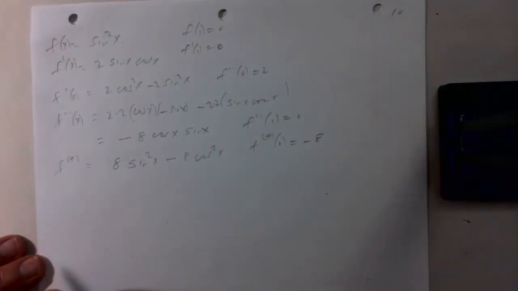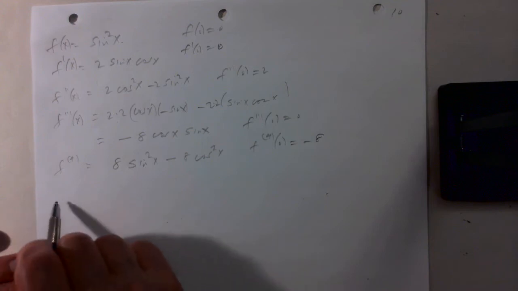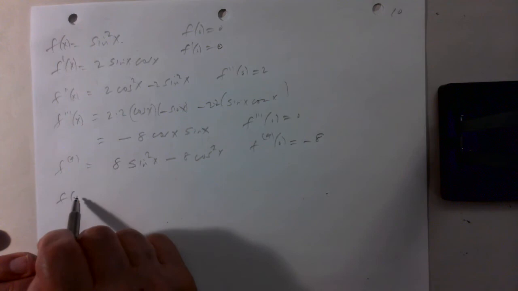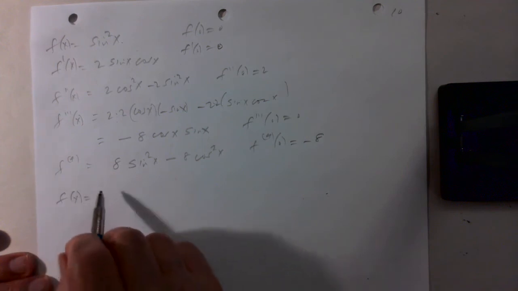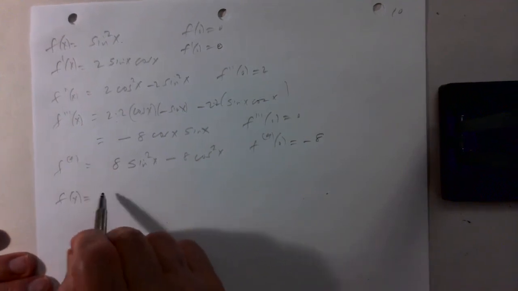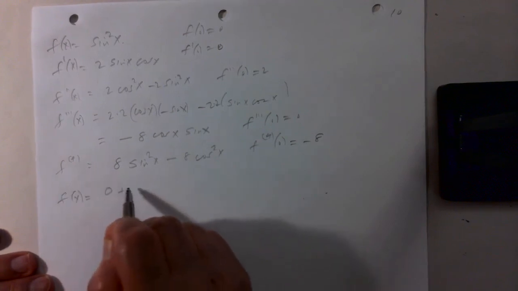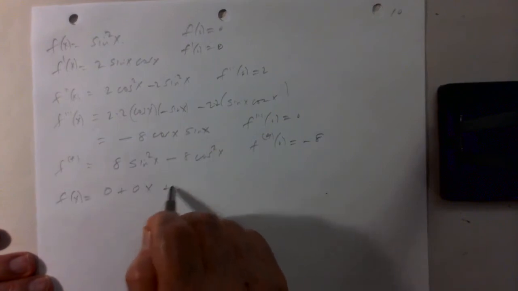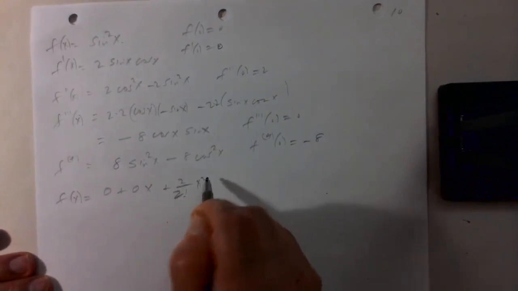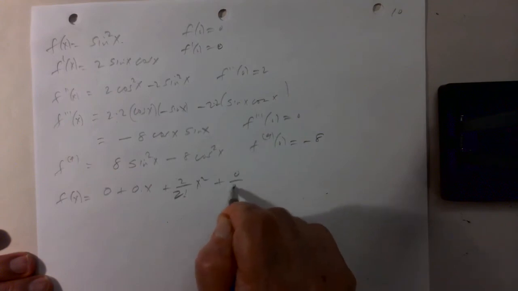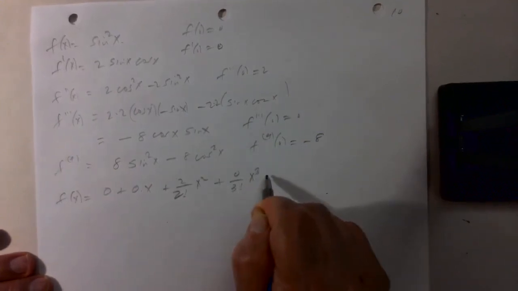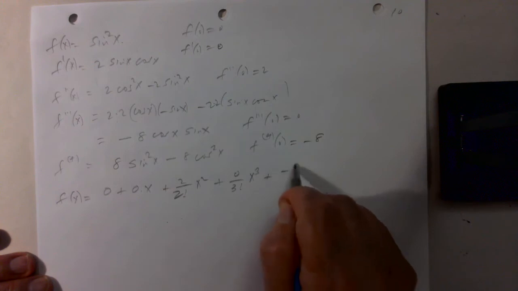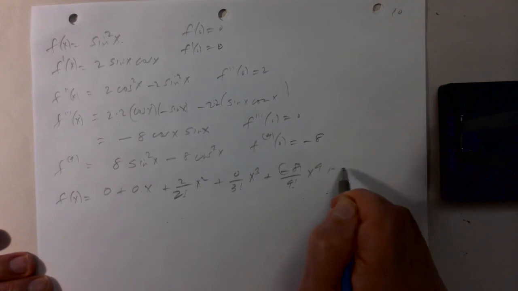So if we want to write down the first 4 terms in the Taylor expansion for sine squared, we would have f of x equals, the constant term is 0, plus 0 times x, plus 2 over 2 factorial x squared, plus 0 over 3 factorial x cubed, plus minus 8 over 4 factorial x to the 4th.